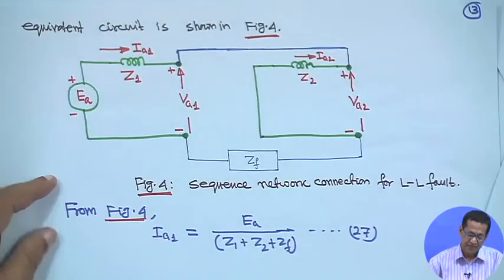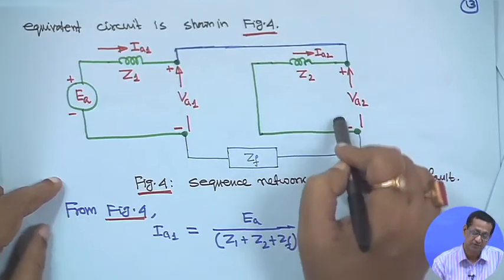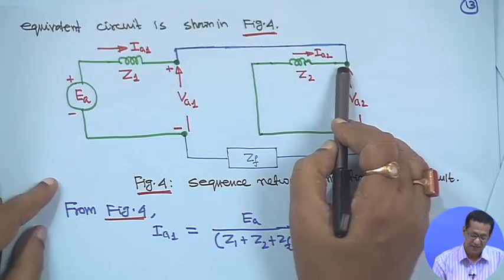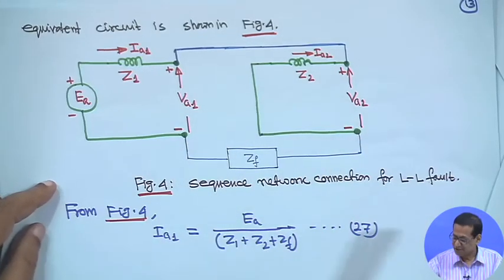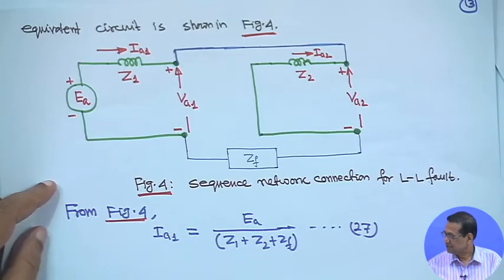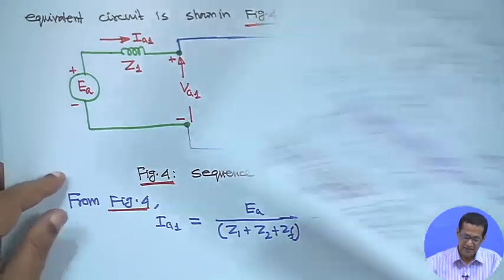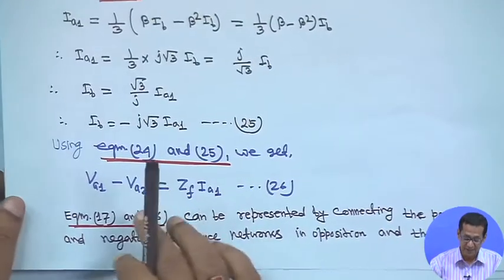This is VA1 positive and VA2 for the negative sequence. As they are in opposition, plus is connected to plus and minus is connected to minus. From these equations, if you apply KVL, you will see VA1 minus VA2 is equal to ZF into IA1.